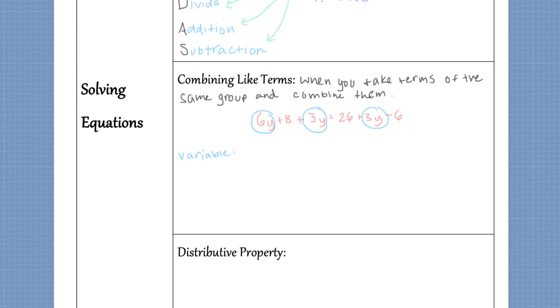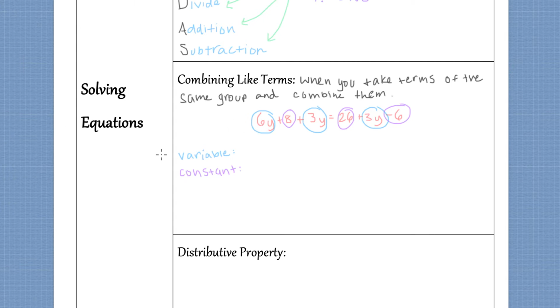And then we also have the constant terms, which would be 8, 26, and -6. To combine the like terms, we're going to combine all of the variable terms on the first side and the second side, and then we're going to combine all the constant terms on the first side and the second side. And so we're going to start combining these terms.